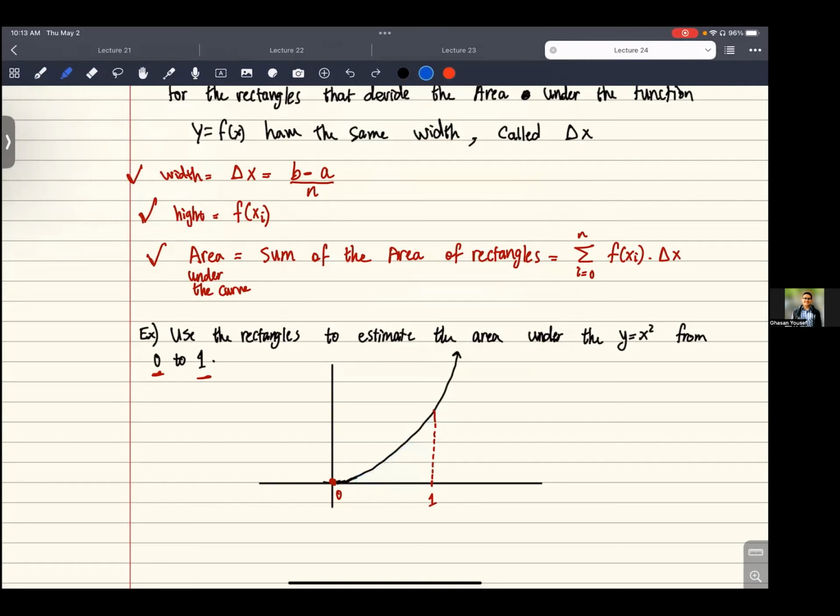Okay. So I'm going to divide it up to 4 rectangles, 4 strips. I'm going to use only 4 strips for this example.